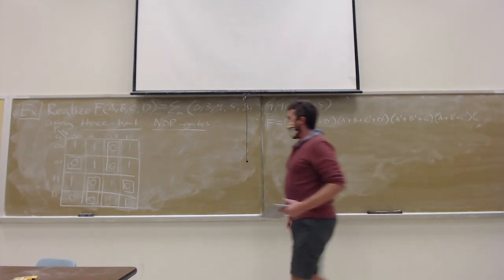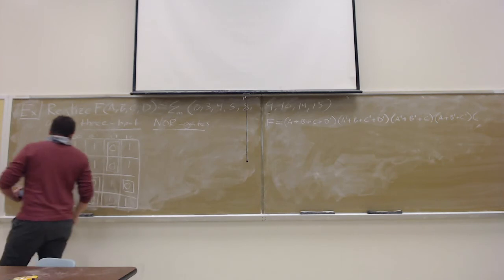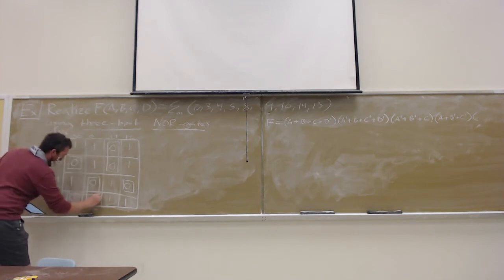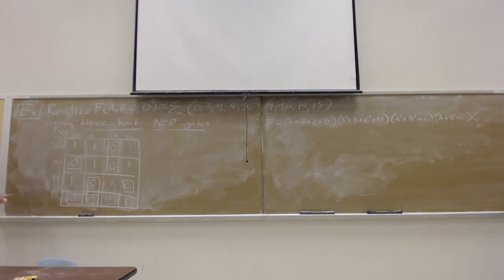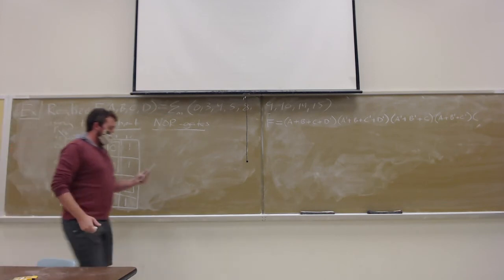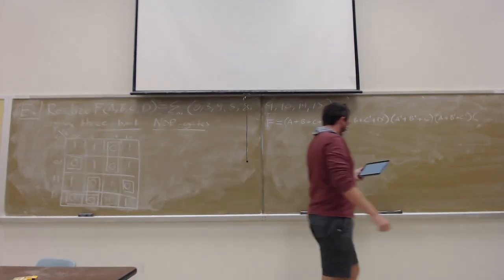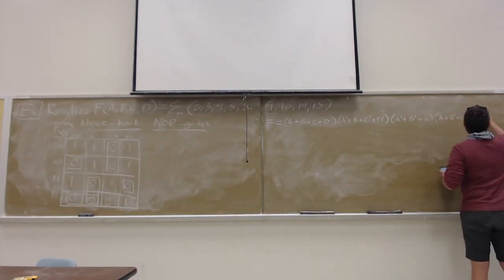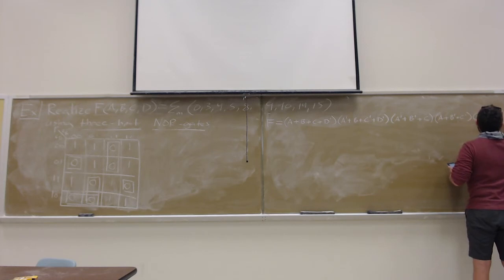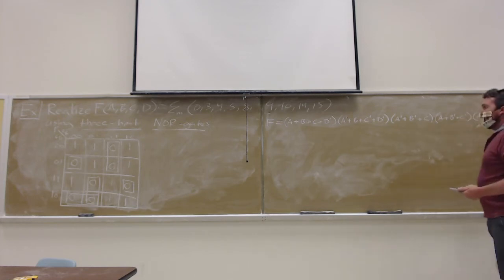And finally, I think, this one. It's got A equals 0, which would be A or C prime or D. There we go. All right.